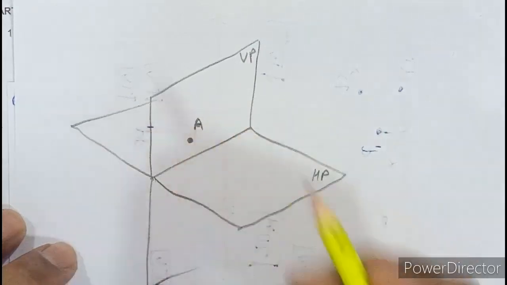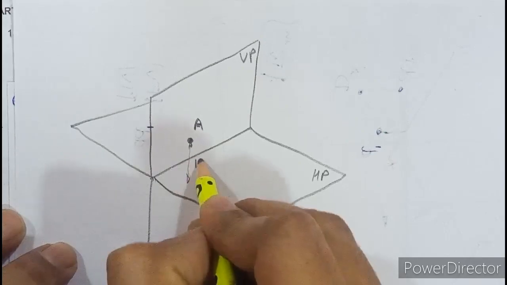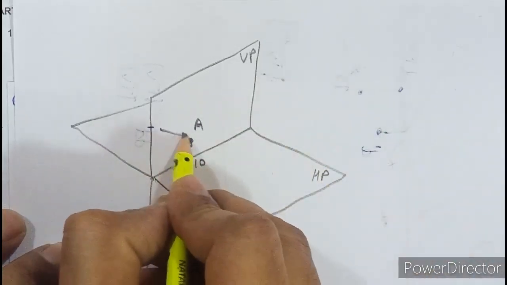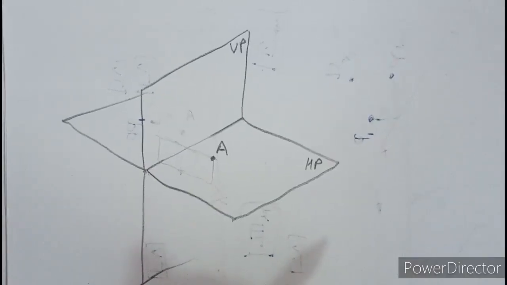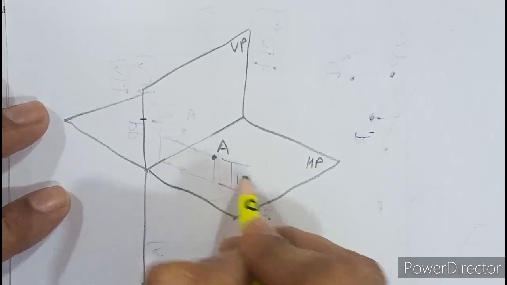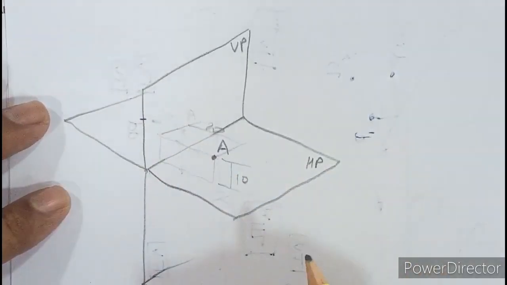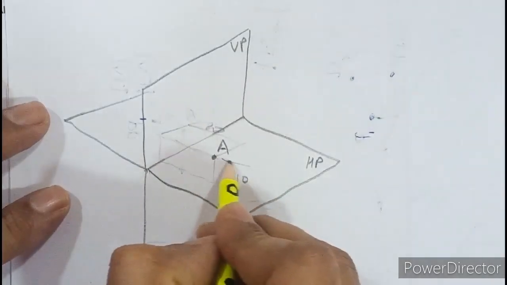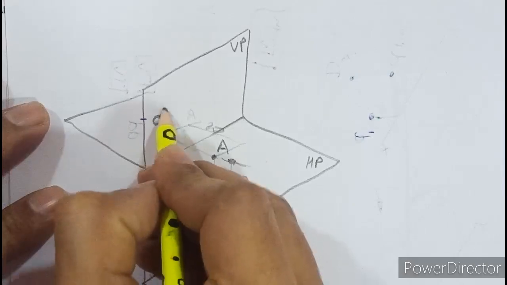Okay, let this be point A. So point A is 10 above. So this is 10 and 20 in front. So this is 20 in front. Okay, so point A is 10 above. So this dimension is 10 and 20 in front. So this dimension is 20. So when you look in the front view from this side, the projection of point A falls here, called as A dash.